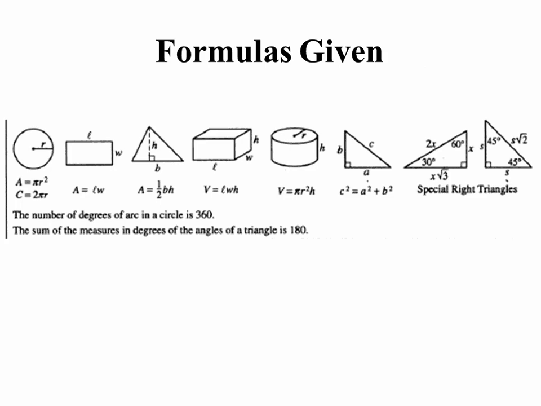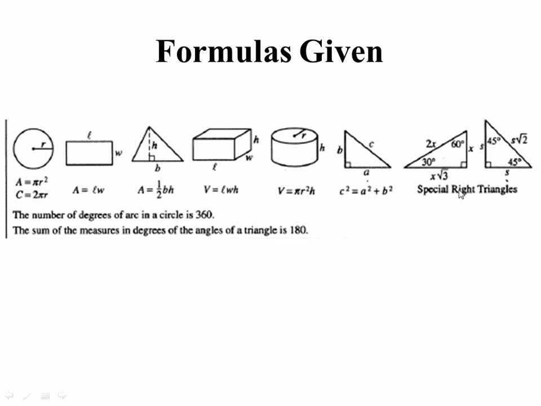So here are the formulas that you'll be given. So you get the area of a circle, the circumference of a circle, the area of a rectangle, the area of a triangle, the volume of a rectangular solid, the volume of a cylinder, the Pythagorean theorem they give you. So this is for right triangles to figure out the various pieces if you're given 2 out of 3 of the components.